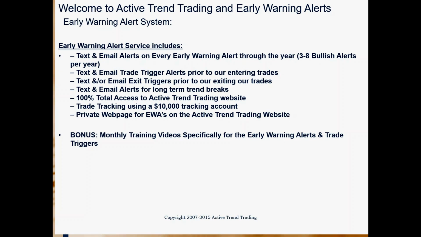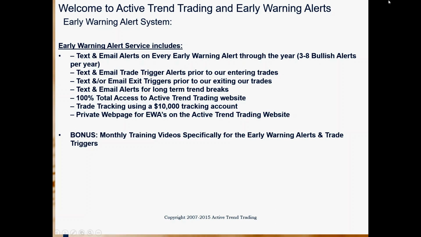Then a text and/or email when we are exiting the trade. You will have, as part of the alerts, exactly when and where we're getting in and out, and also the stop losses, so you can put in your own conditional trades that will emulate and parallel what we're doing. So text and email alerts for long-term trend breaks, and 100% total access to the active trend trading website.